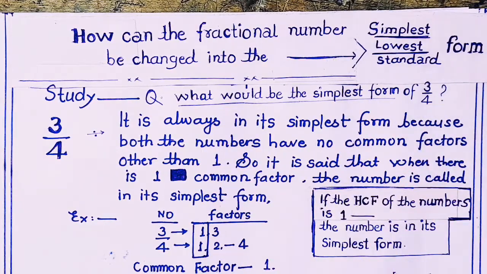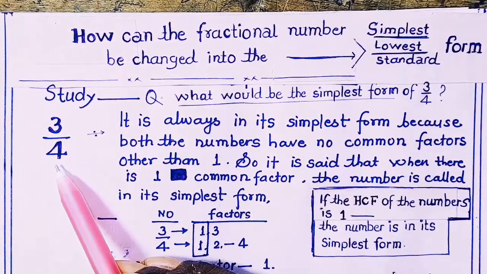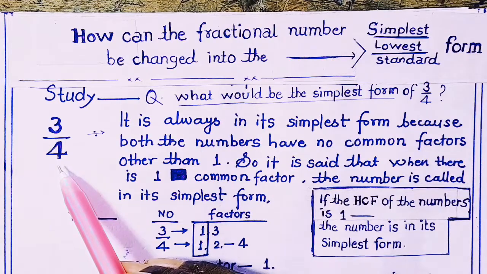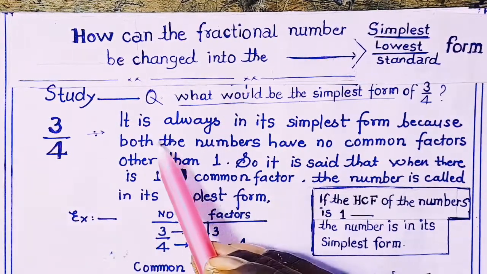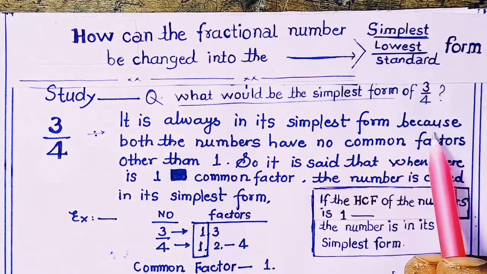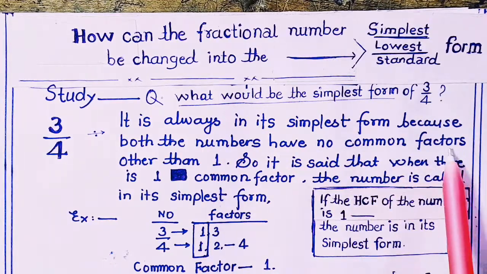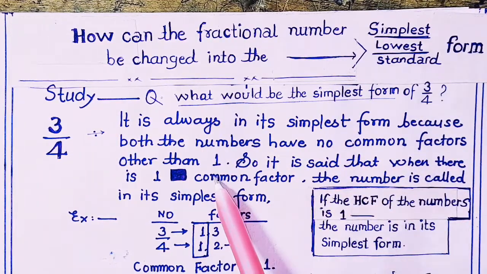The solution is: the fractional number 3 by 4 cannot be changed into its simplest form because it is always in its simplest form, because both the numbers have no common factors other than 1.